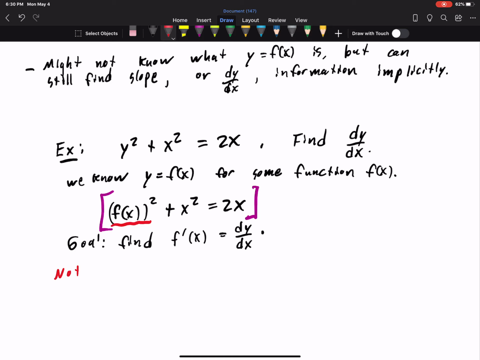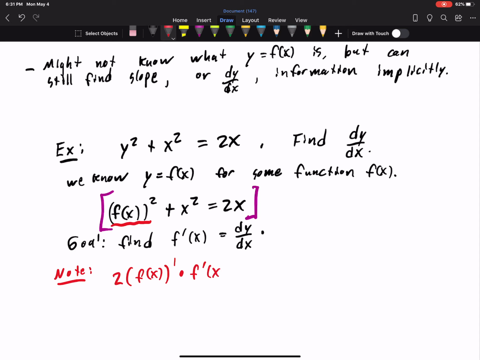Note, we derive the outside first. You copy and paste the inside because this is just chain rule, and you raise this to the first power, so we get 2 times f of x. Are we done though? Nope, because we have to multiply by the derivative of the inside function.